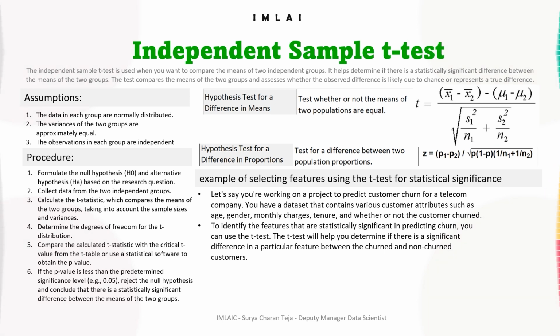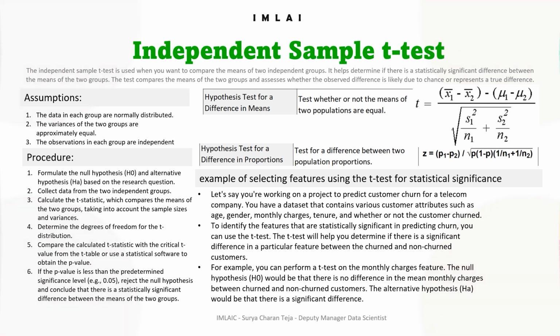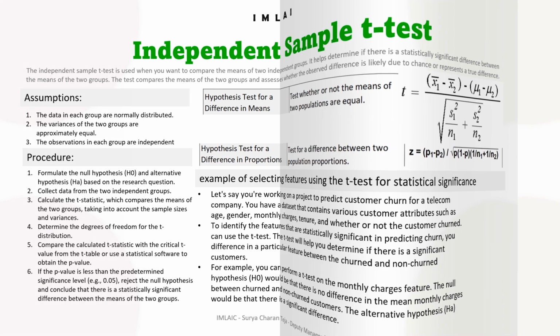The null hypothesis would be that there is no difference in the mean monthly charges between the churned and non-churned customers. On the other hand, the alternative hypothesis would be that there is a significant difference, and that's how we formulate null and alternative hypotheses for selecting features. Okay, now let's do it step by step.